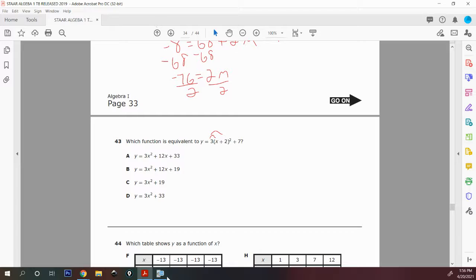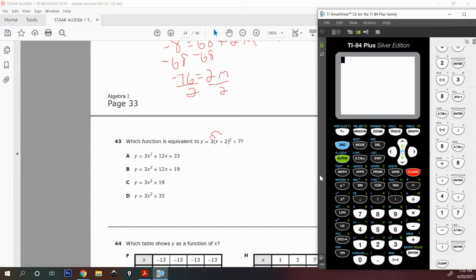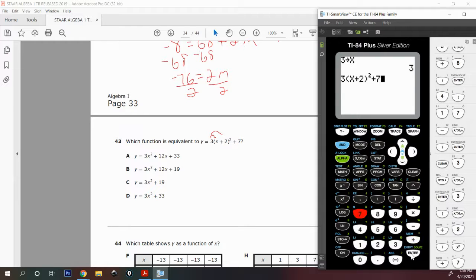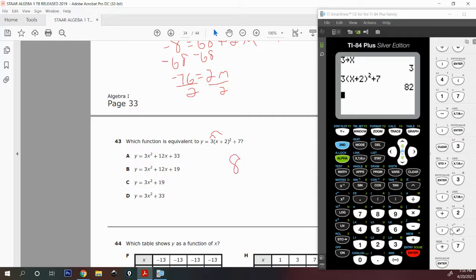You know what? Let's actually do it with the storing in the calculator. So I'm going to take 3 and store it in x. That's my go-to number. And I'm going to do 3 parentheses x plus 2 squared plus 7. All right, that gives me an answer of 82.